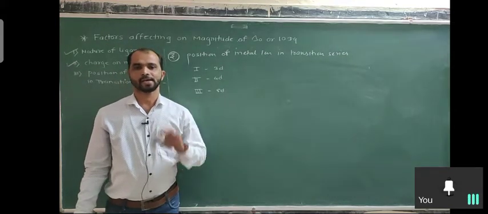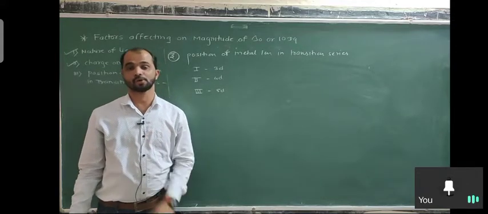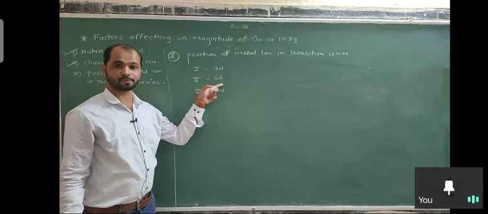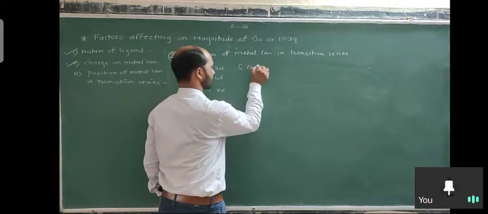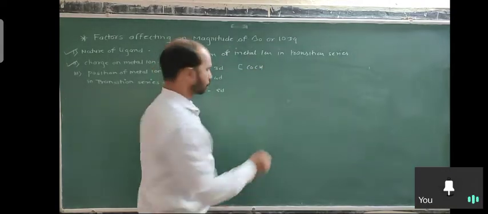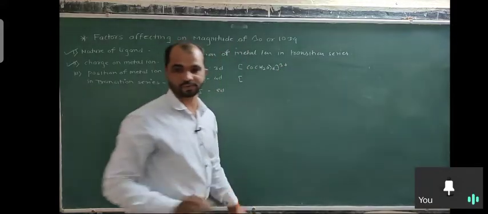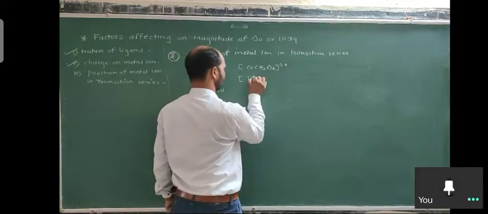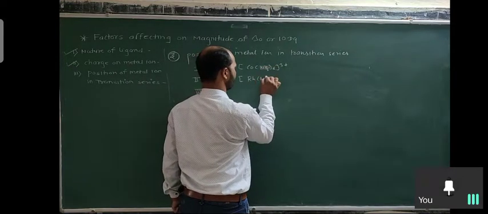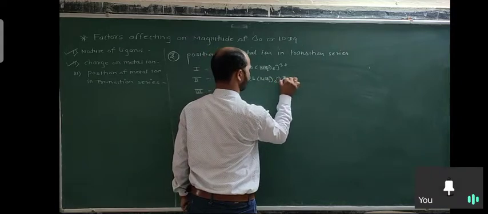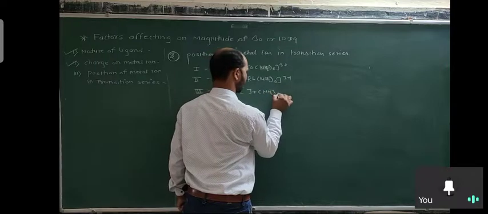The metal ion has the same oxidation state and the same nature of ligand, but the metal ions belong one from the first series, another from the second, and the next one from the third. So the examples given are [Co(H2O)6]3+. The second one is rhodium, here we consider [Rh(NH3)6]3+, again 3+. Next one is iridium, [Ir(NH3)6]3+.